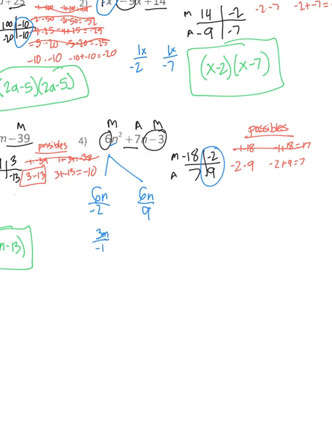And 6 divided by 9, that simplifies to 2 over 3. I'm sorry, this should be n, not m. Okay, now I'm ready to write my binomials. So my first one is going to be 3n plus 1. My second one is going to be 2n plus 3.